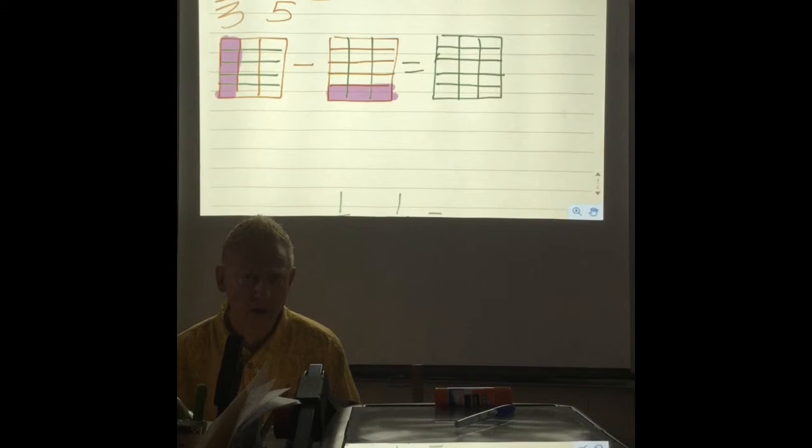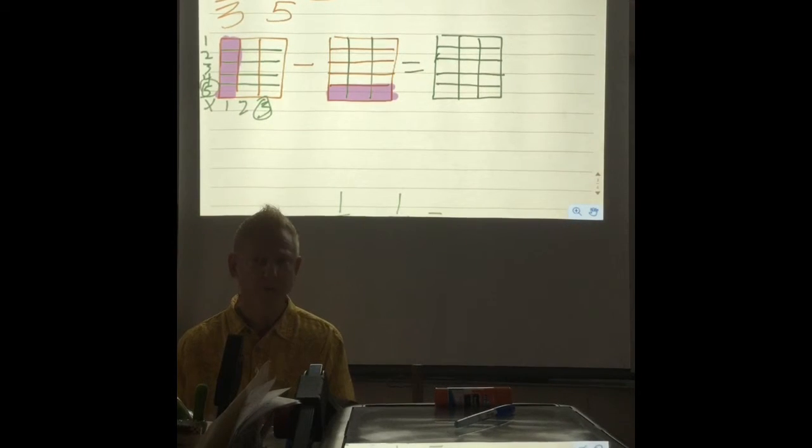Now we have a third and we're going to take away 1/5. Now what's our bottom number going to be? And what's that bottom number called again? Denominators. Okay. So we can do this real easy. We can count our sides. 1, 2, 3, 4. We have 5 down, right? And we're going to multiply that by 1, 2, 3 across.